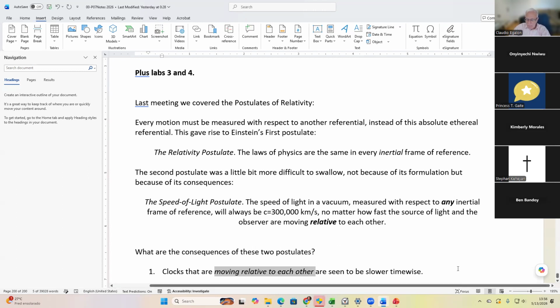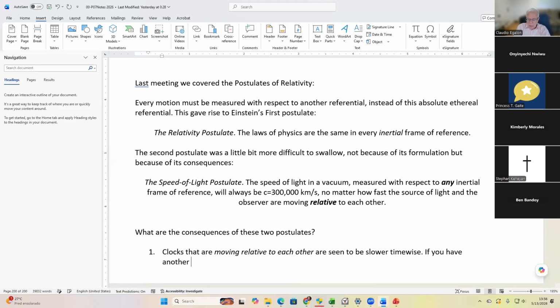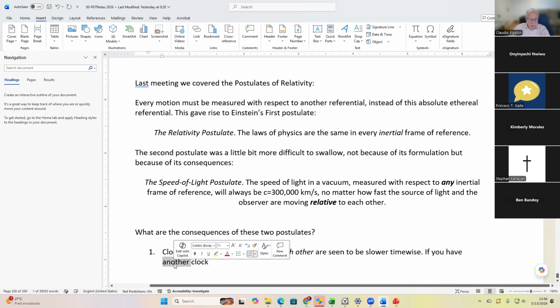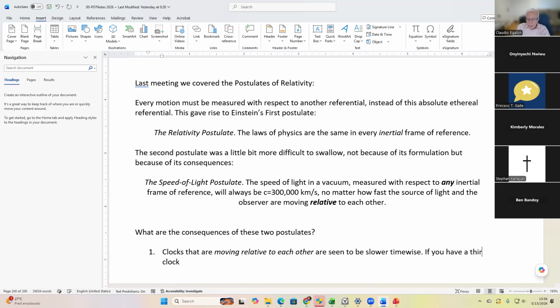So if you have a third clock next to the first one, their timekeeping will be exactly the same.